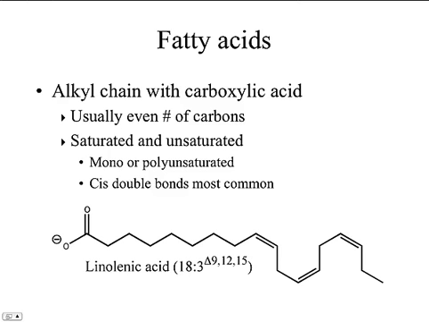In general, most of the fatty acids that we encounter will have a minimum of about 12 carbons, and usually the maximum is somewhere around 22 or 24, although there are exceptions to this rule. There are obviously some fatty acids that are longer than 24 carbons. In general, most of the fatty acids we deal with in our body are 16 and 18 carbon fatty acids.